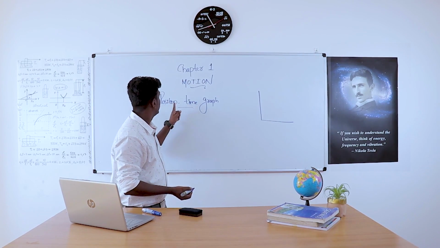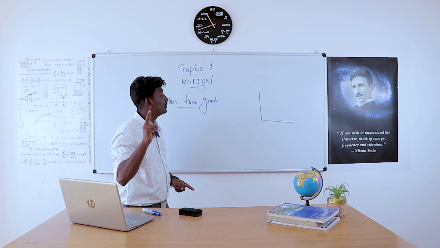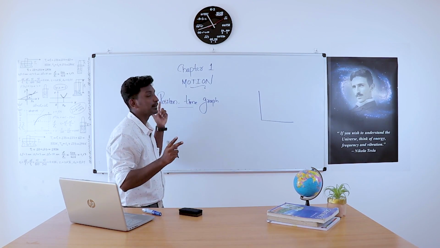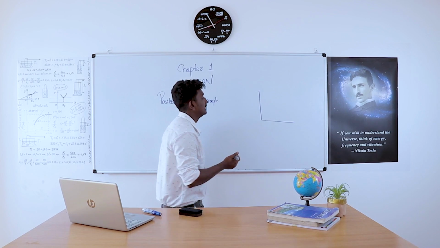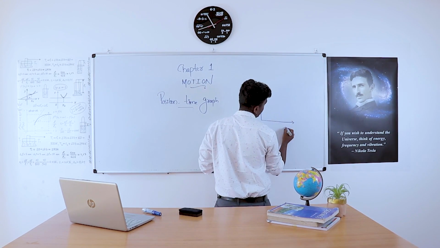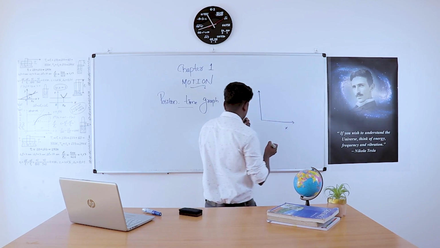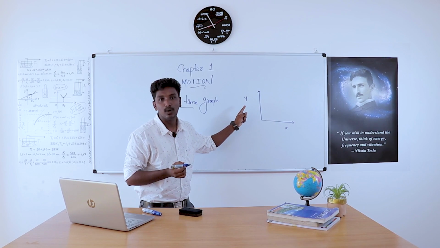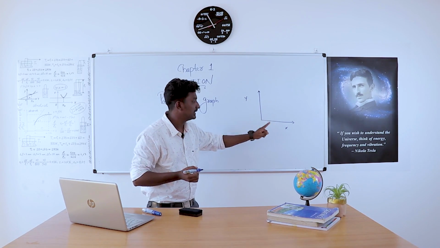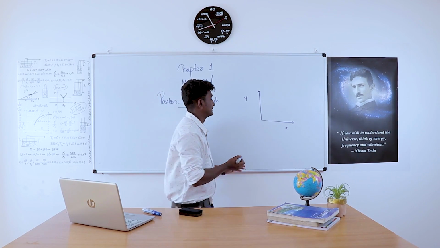We have position and time, which means two coordinates are required for representing these two terms. Therefore, I am taking only the x and y axes. This is the x axis and this is the y axis, the abscissa and the ordinate.